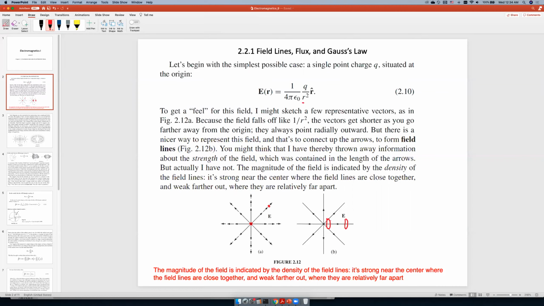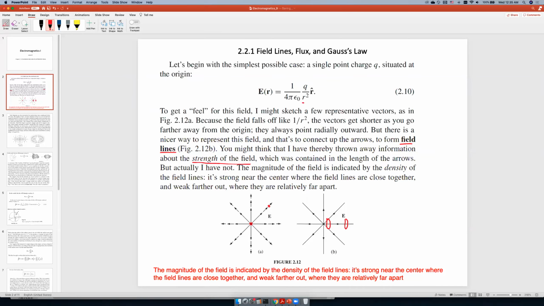When the density of the field lines is higher, the electric field is stronger. When the density is lower, it's weaker. We call these lines field lines or electric field lines.